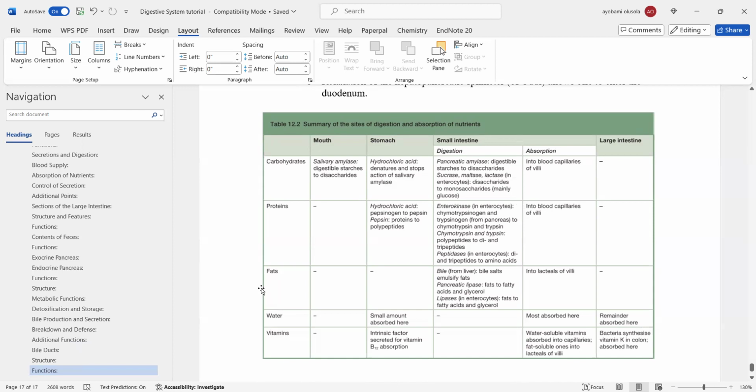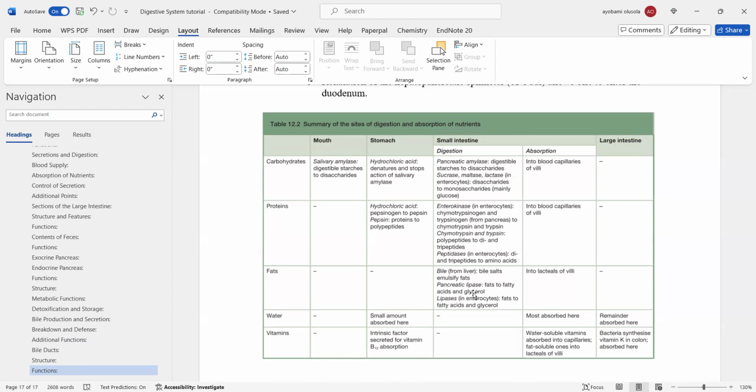The digestion of fats skips the mouth, skips the stomach, starts in the small intestine, and bile is needed for this. Bile is made in the liver from the breakdown of hemoglobin. Then it moves via the bile duct into the gallbladder where it is stored. So when fat gets into the small intestine, cholecystokinin enhances the release of bile from the gallbladder.